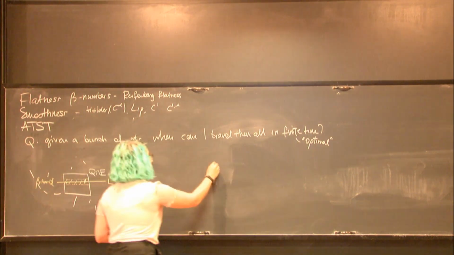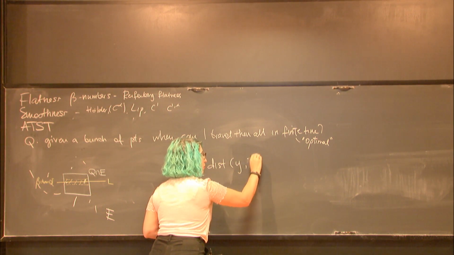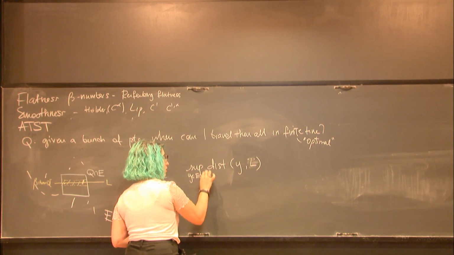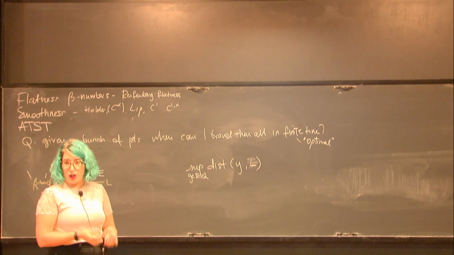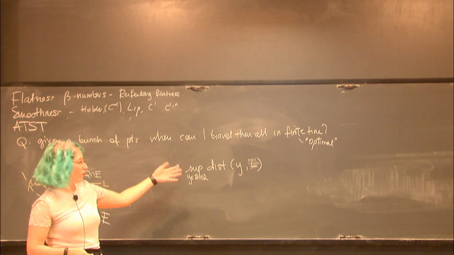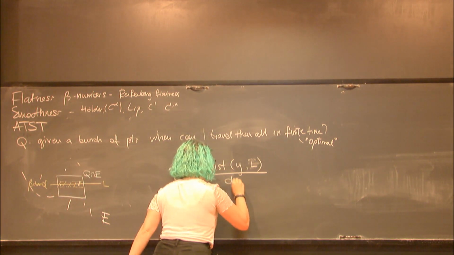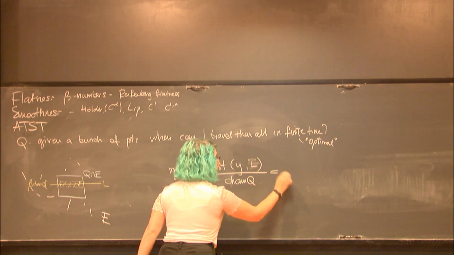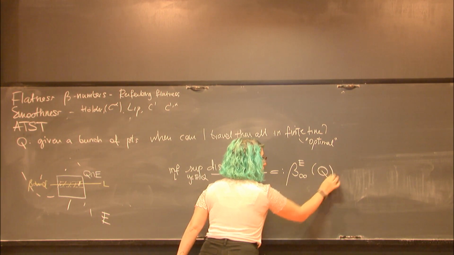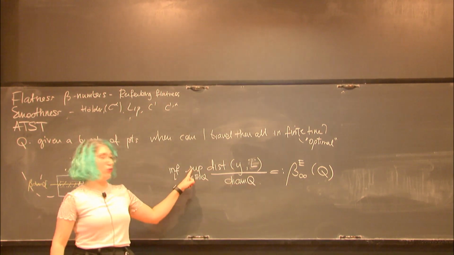I'm taking the distance of a point from a line, with a supremum over points in E intersect Q. And I told you I want the best line, so an infimum over lines. But this has the unit of length. I want a dimensionless quantity and a scale invariant one, so I'm going to divide by the diameter of Q. I define this to be beta infinity of E and Q, where the infinity is in a posteriori naming and refers to the fact that I put a supremum here.